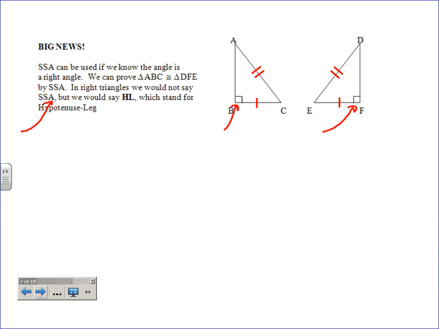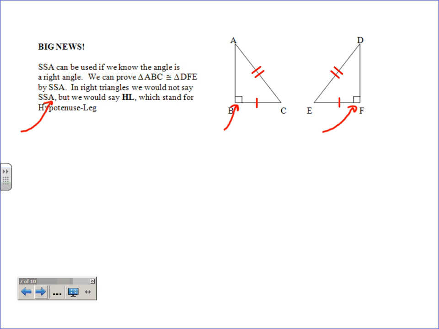And really, all this changing of names is why they changed all these names to leg, angle, hypotenuse, leg, so that they could come and just tell you this one works. So I would have just said, why don't you tell them if the angle's a right angle, side, side angle works? I think that would be just as easy, instead of giving all these different names.